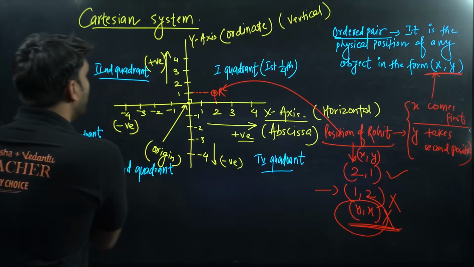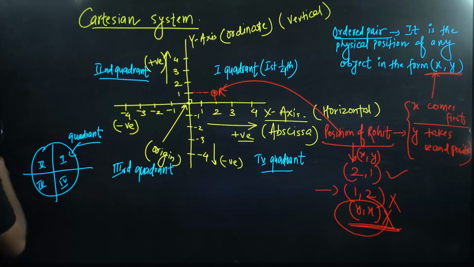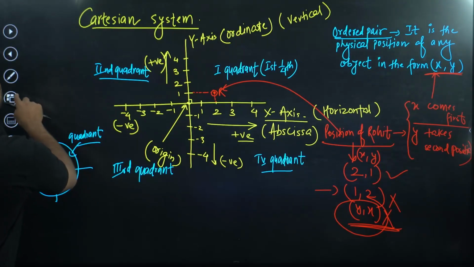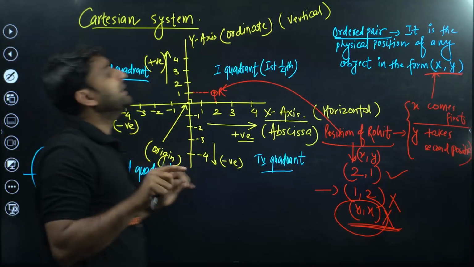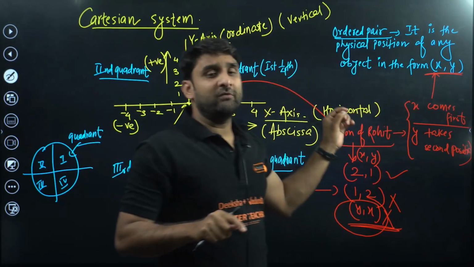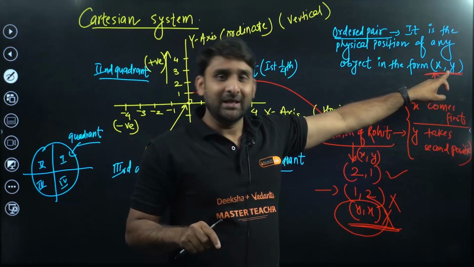Okay, now moving to a few more pieces of information about these things. My dear champion, I have already told you, whenever we are writing the ordered pair, always make sure to write x first, then y will come.